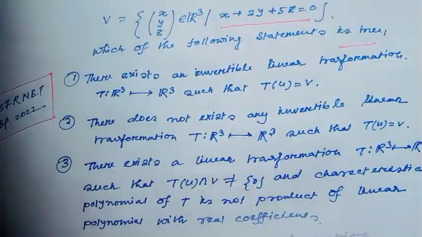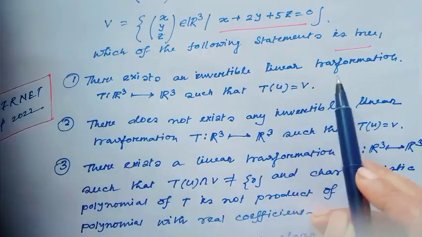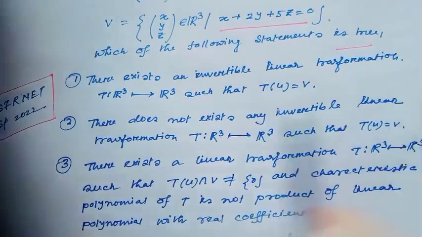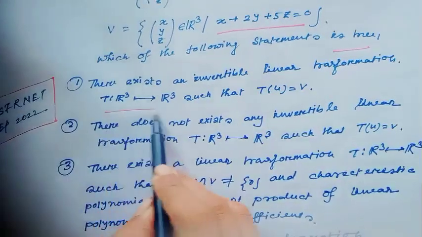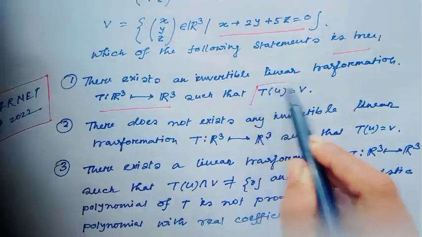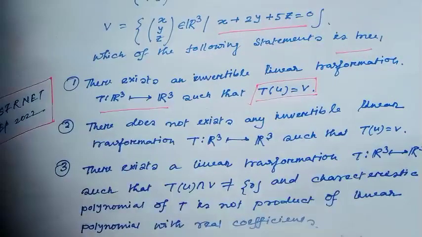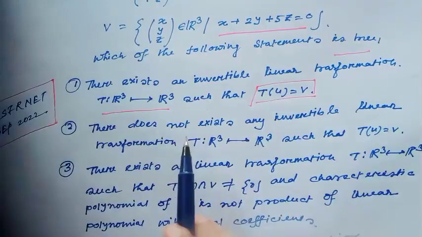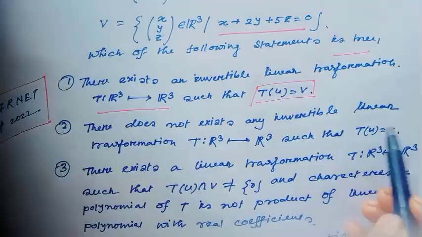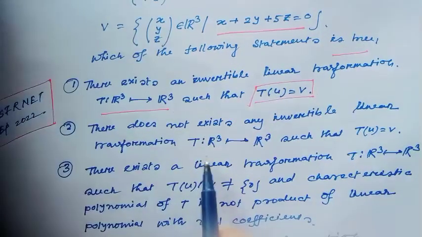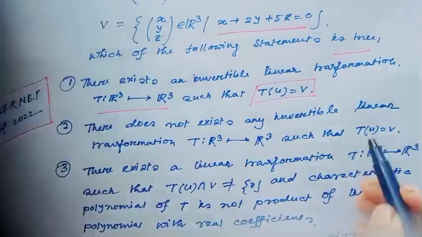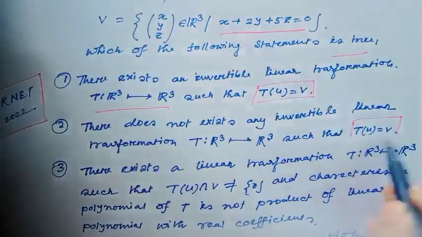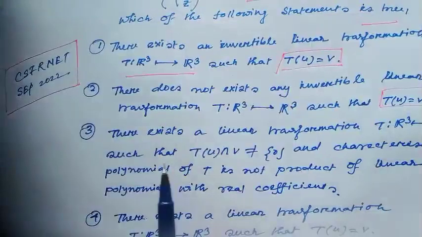Option 1. There exists an invertible linear transformation T from R cube to R cube such that T(U) equal to V. Option 2. There does not exist any invertible linear transformation T from R cube to R cube such that T(U) equal to V. Option 3.